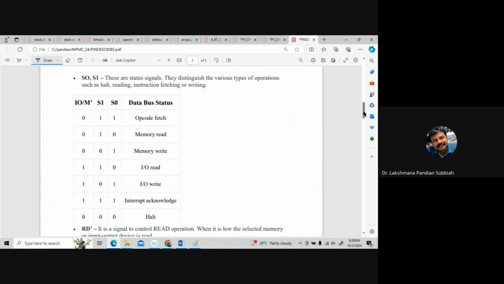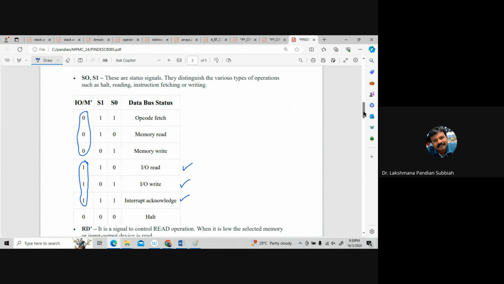If this is IO, it is an IO operation, meaning input-output operation, and the IO devices communicate. With an IO device we can read data from the IO and write data to the IO. Then the interrupt acknowledgement is also treated as IO. And here this is memory.